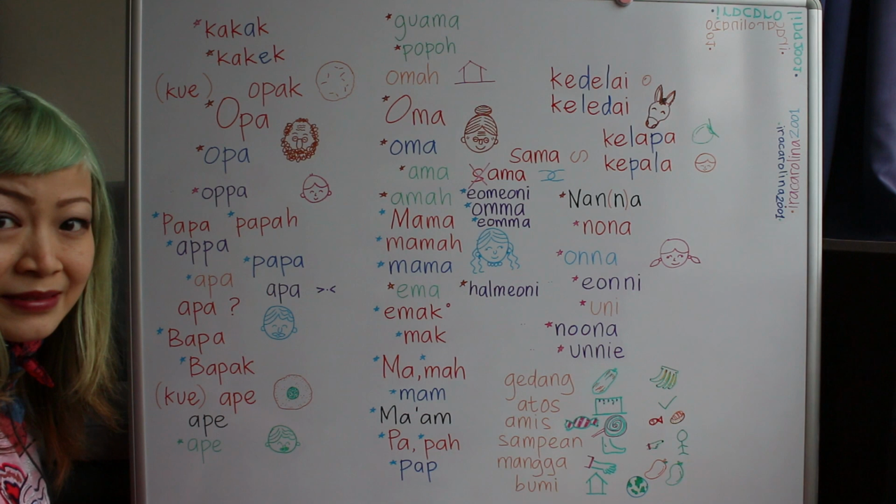No matter you're male or female, you call her with uni. To a person who is old enough to be your older sister, uni. In Indonesian language, you call a person who's old enough to be your older brother or sister, kakak.